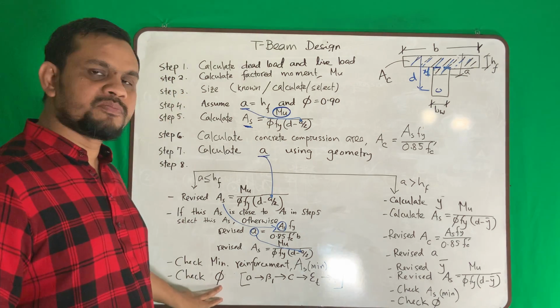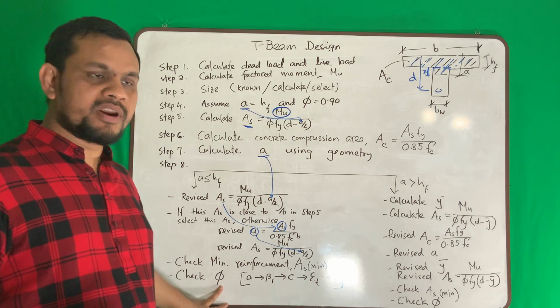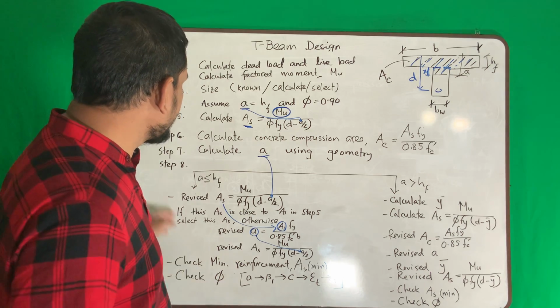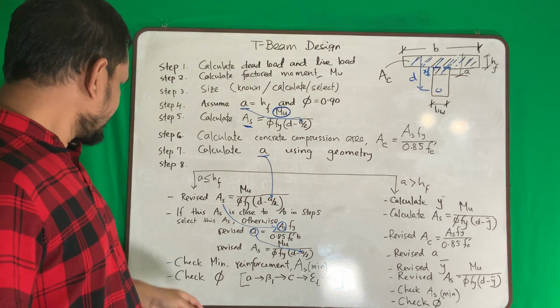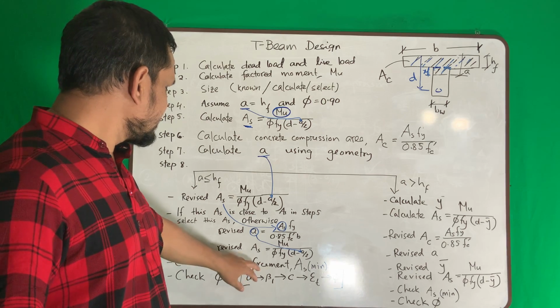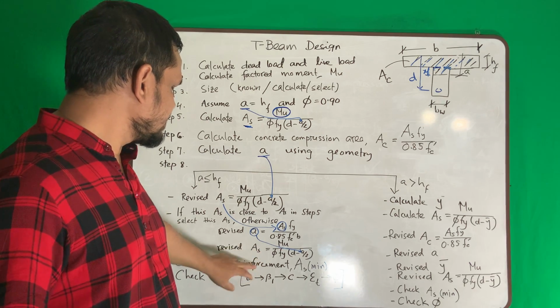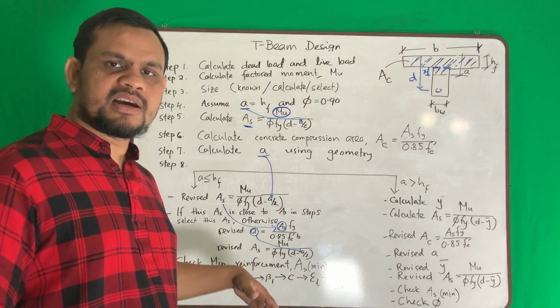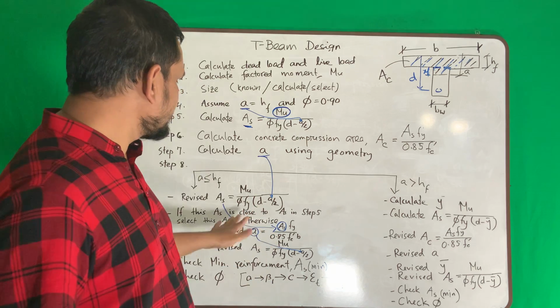So if your phi is 0.9, good. If your phi is not 0.9, you have to go back here and do all this. For minimum reinforcement, if your reinforcement is less than minimum, you will use the minimum. You cannot go less than minimum. This portion you know it.